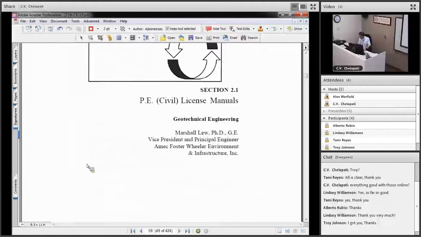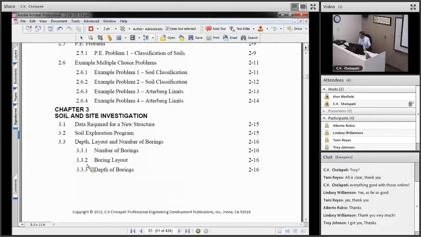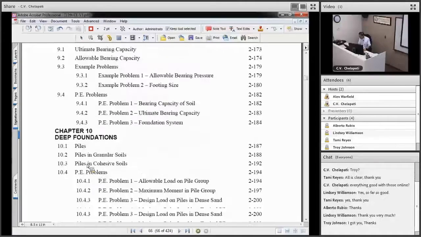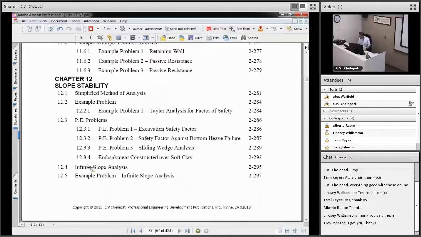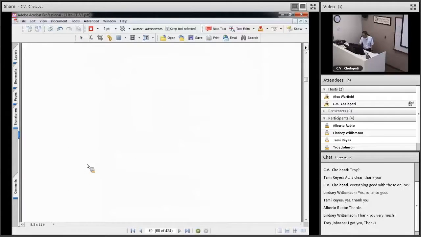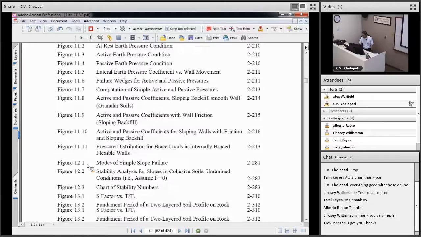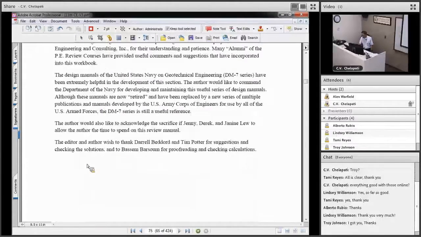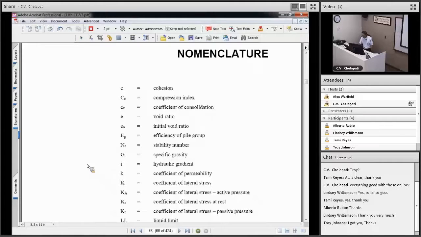Okay, we got all this preliminary stuff I gotta get through. In terms of references, the ones I recommend, the ones we use a lot of references in the notes are from the now discontinued naval manuals, DM7, 7.1, and 7.2. They're still available online. I went on the internet a couple of days ago.